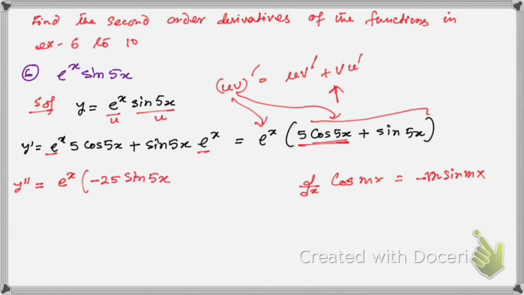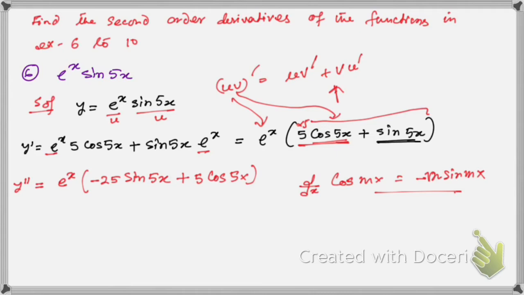Okay, because this is 5 into 5, 25, isn't it? Now second part of the expression within the bracket, sine 5x, its derivative will be 5 cos 5x.